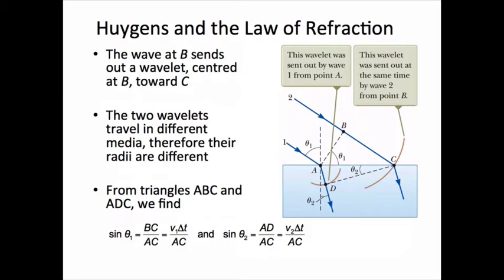Now you see that ray 1 that reached the boundary at A while ray 2 was still at B has now slowed down, and so it has only gone to the point D while the ray from B has gone as far as C, which is at the boundary. So the new wavefront, which is the line joining C and D, is at an angle to the old wavefront.